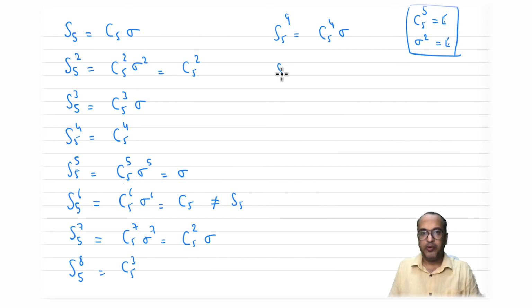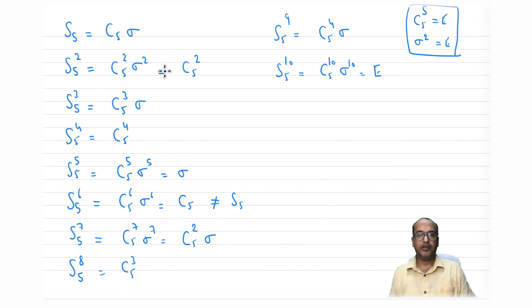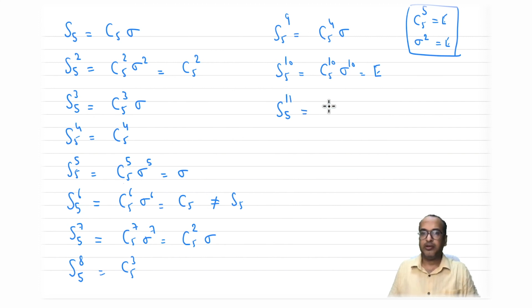Now S5 to the power 10, we are getting C5 to the power 10 and sigma to the power 10, that means again E. So again, we have got a non-redundant operation. Let's see what happens next. 11: C5 to the power 11 is C5 1, and sigma 11, so this is E, E. Now we have C5 and sigma.